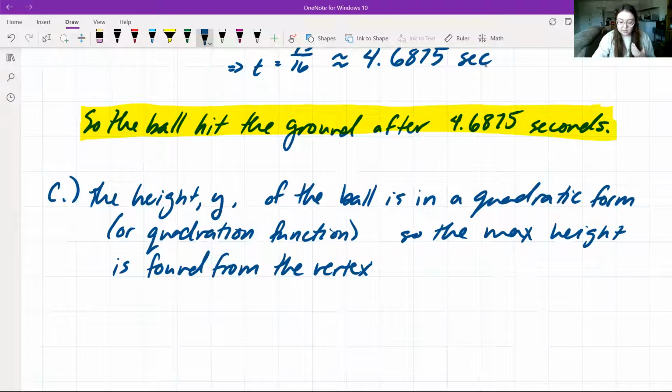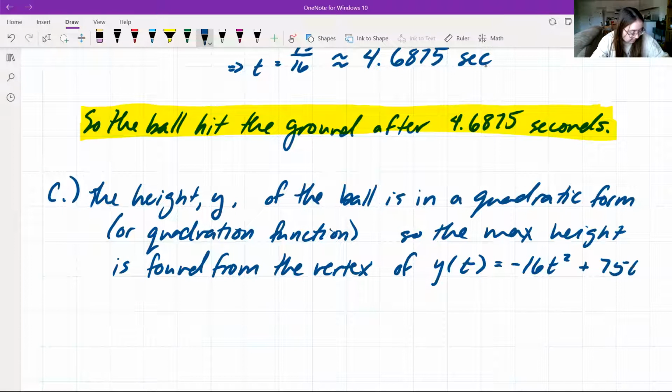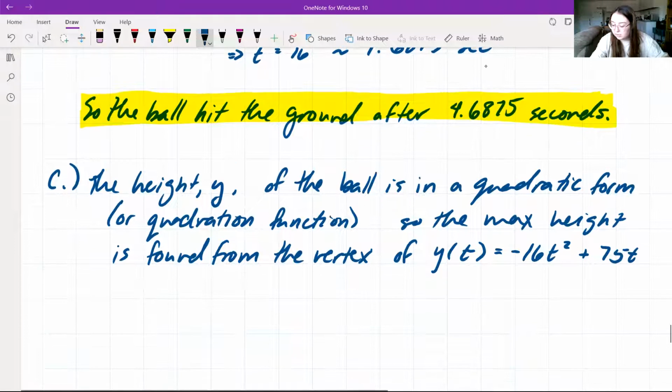So since our equation y is a quadratic function, our maximum height is going to be found at the vertex of y of t, which we know is equal to negative 16t squared plus 75t.